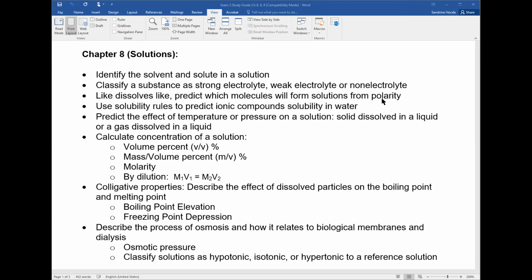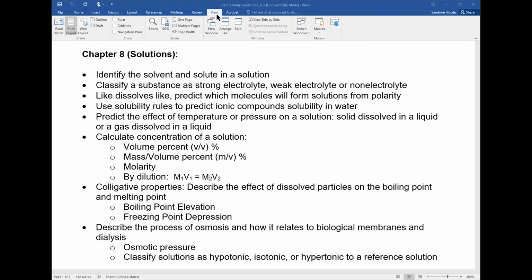Like dissolves like means polar molecules will dissolve in polar solvent and non-polar molecules will dissolve in non-polar solvent. So the properties of polarity need to match between the solvent and the solute for solubility to occur. So that's a general solubility rule. And then there are more specific solubility rules to help you predict if ionic compounds dissolve in water.